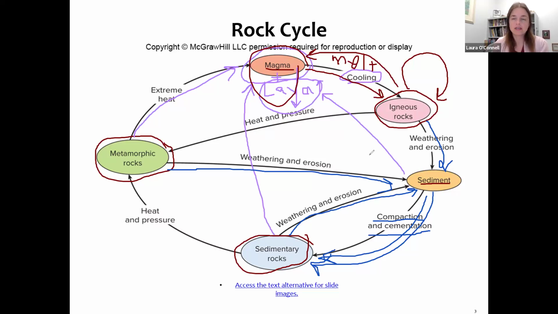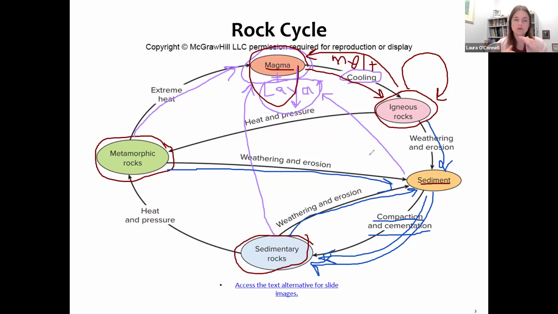If you have any kind of rock and it gets buried and buried, we talked about sedimentary rocks getting buried and compacted under layers and layers of rock or sediment. But if you keep going with that and it gets buried miles deep in the crust, this can create a lot of pressure. And remember, one of the driving forces of which mineral you end up getting is reliant on the pressure, the heat, and the chemistry of the environment.